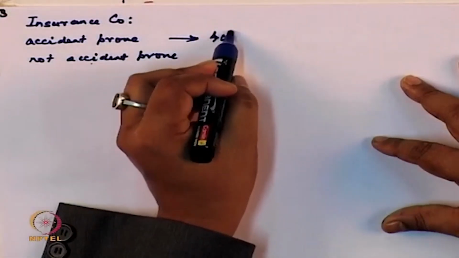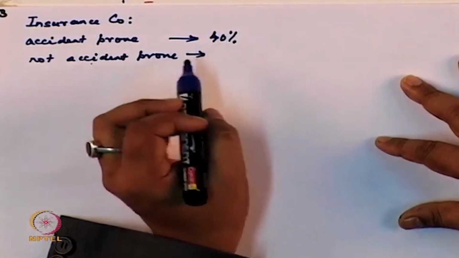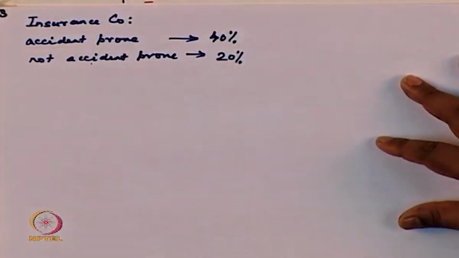These people have a 40% chance of suffering an accident, and these people have a 20% chance of suffering an accident.